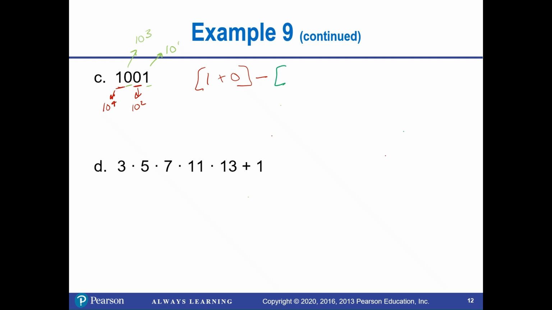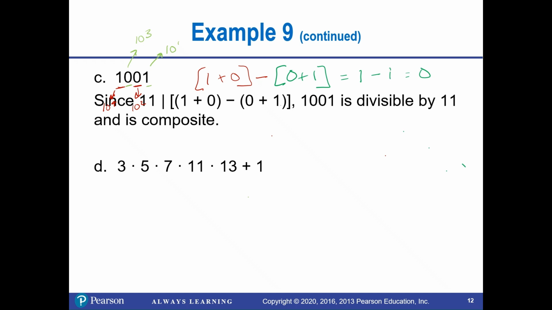So I subtract, again, 0 plus 1, my odd powers of 10 places, and I see that that's just 1 minus 1, or 0. 0 is divisible by 11 because 0 times 11 equals 0. So since 11 divides 1 plus 0 minus 0 plus 1, 1,001 is divisible by 11. So I found a factor of 1,001 other than 1 and itself, so it is composite.